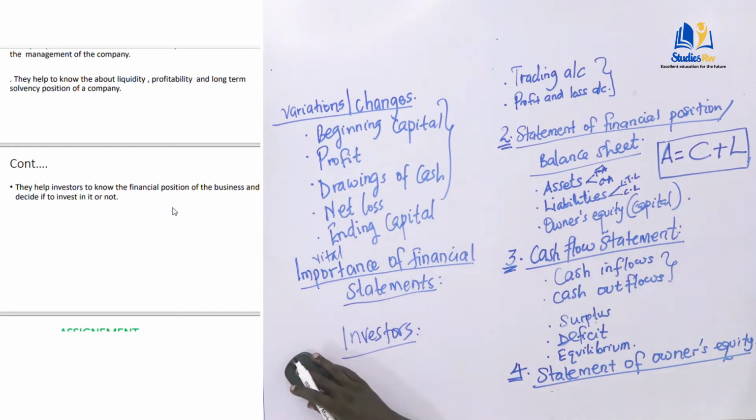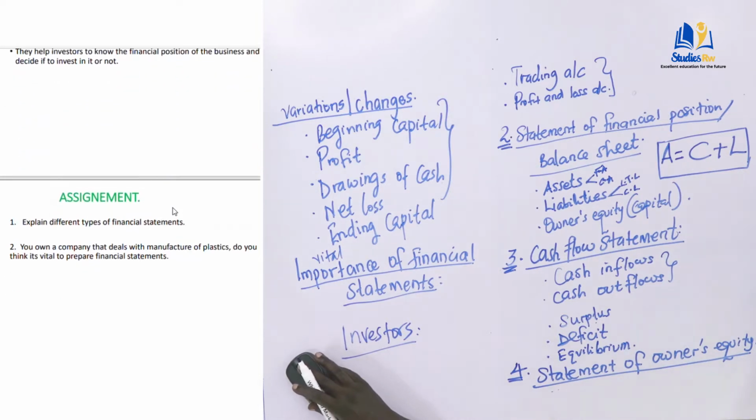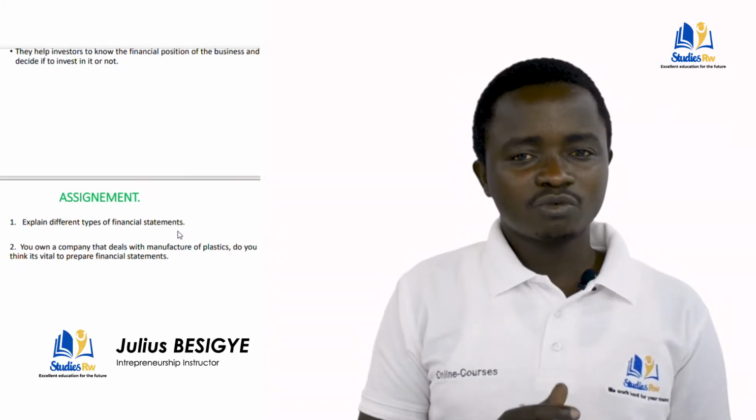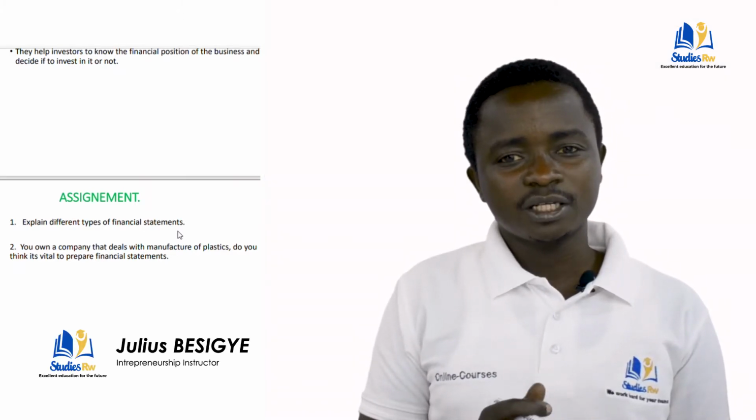Before I wind up, there's a simple assignment. Explain different types of financial statements. You own a company that deals with the manufacture of plastics. Do you think it's vital to prepare financial statements? Please go and work this out. Then we shall go through this assignment together next time.